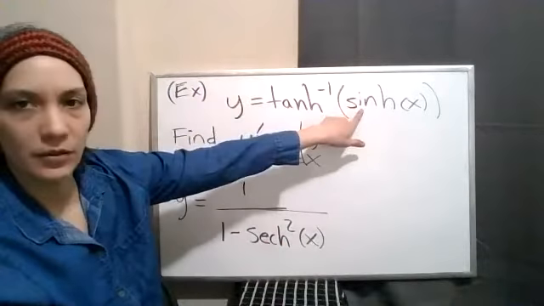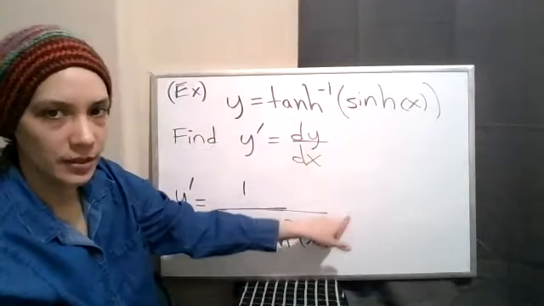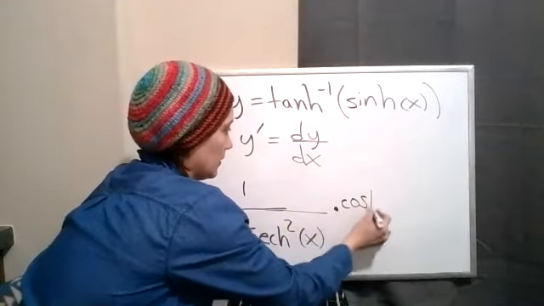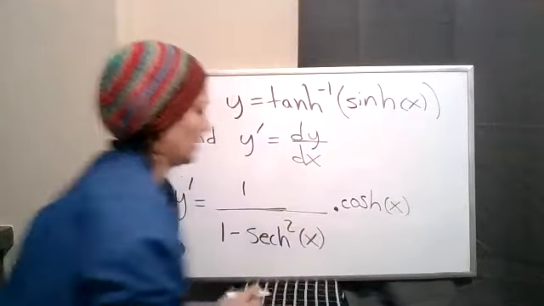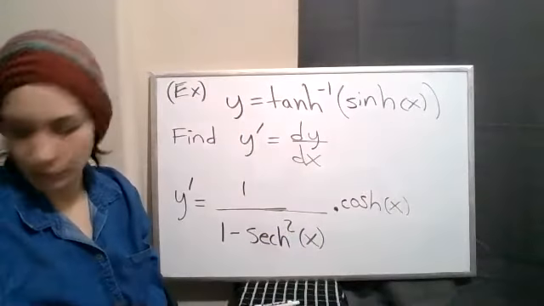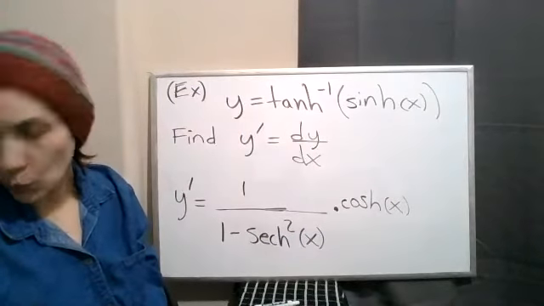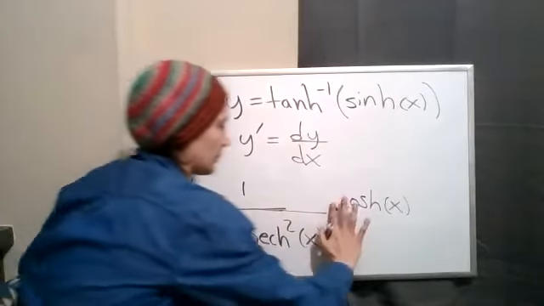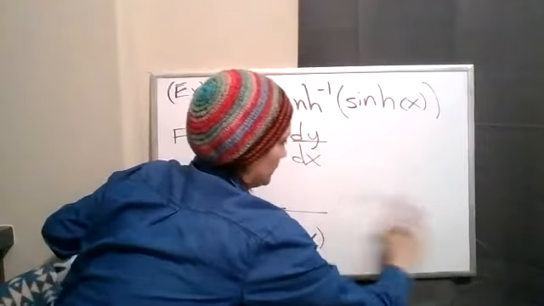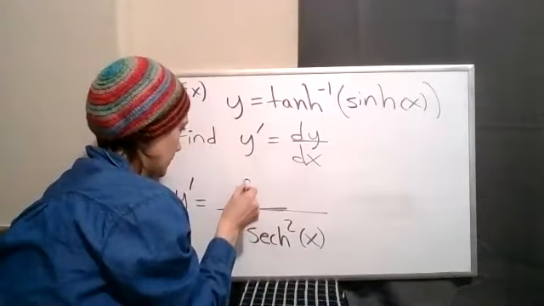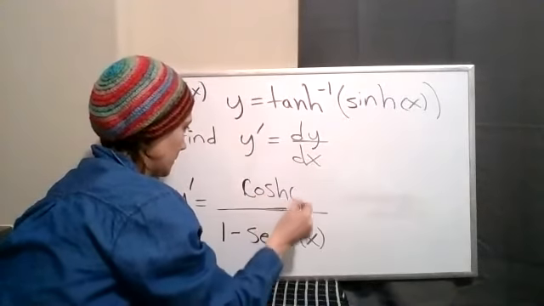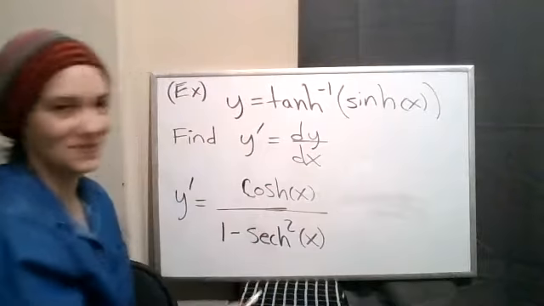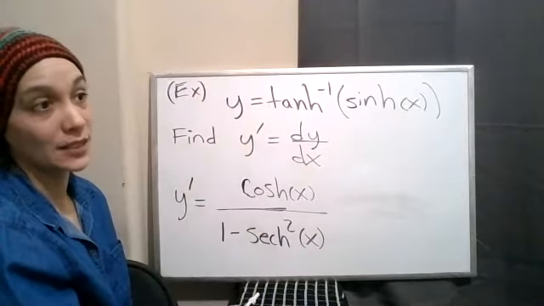Okay, multiply by the derivative of sinh of x, which is cosh of x. And that's it. I put this over on the side though. Okay. Last one.